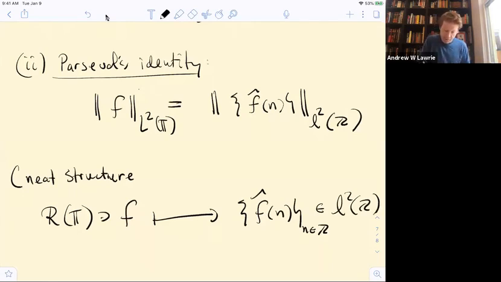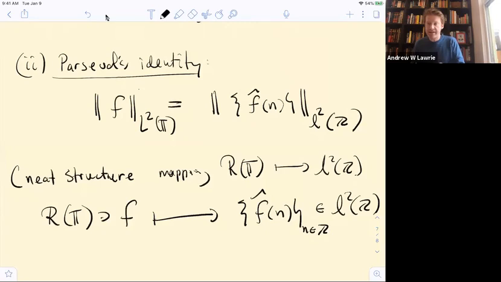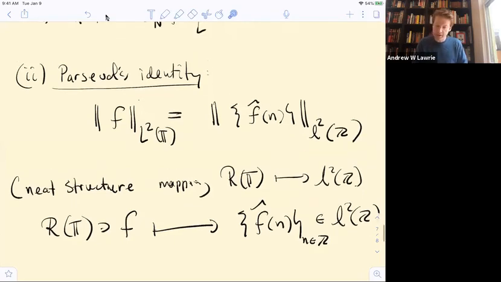So we have a mapping from Riemann integrable functions to L2(Z), and it preserves norm. We're going to flesh this out more and ask more about this mapping in a bit.